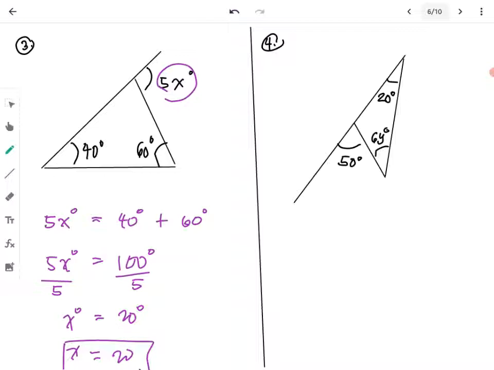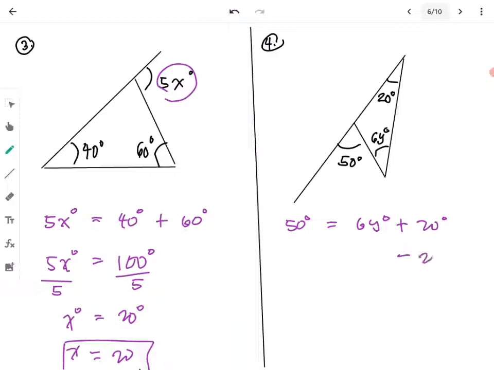Okay. In the fourth example, we have the exterior angle is 50 degrees and the opposite interior angles are 20 degrees and 6y degrees. We are going to solve for y. So using the same principle, we have 50 degrees is just equal to 6y degrees plus 20 degrees.